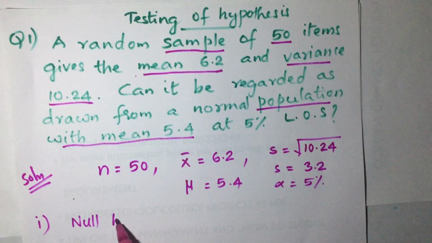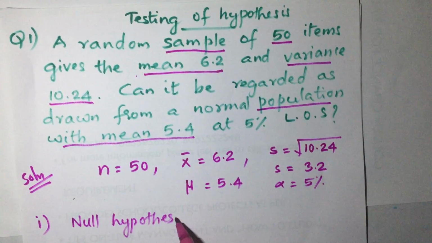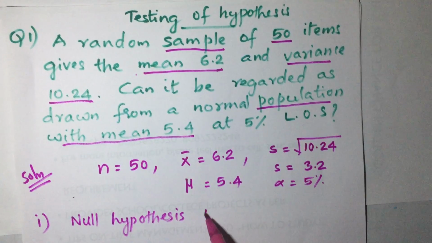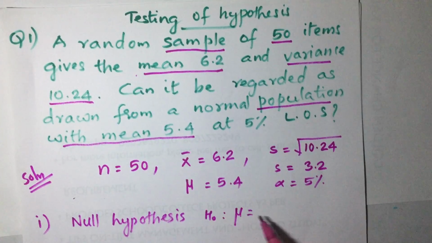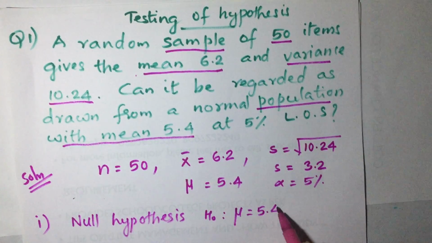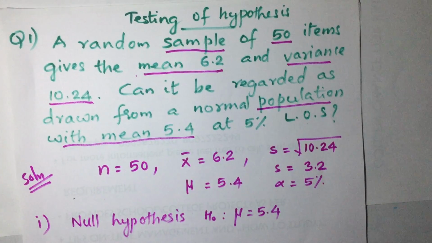So the null hypothesis H naught is mu equal to 5.4. Always we will check whether the population mean is the same as the sample mean or not.